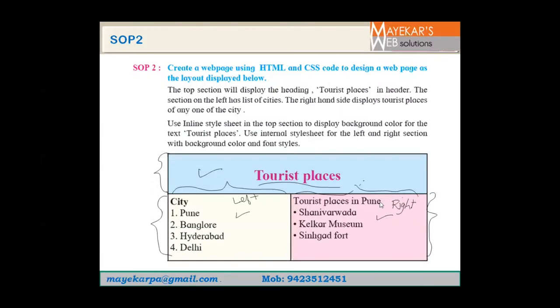Here you have to give the heading Tourist places in Pune. And the three tourist places given are Shaniwarwada, Kelkar Museum and Sinhagad Fort. So these three items are given in the right hand section, and we'll write code for this section.